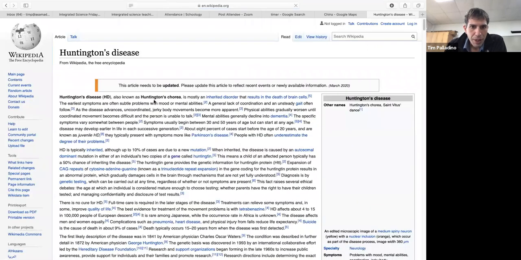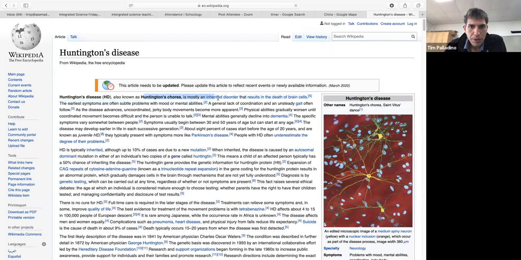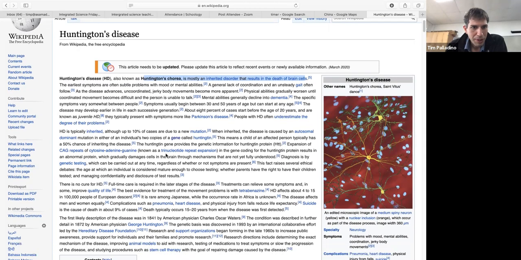So if you look, Huntington's disease is mostly an inherited disorder that results in death of brain cells. So let's see if they have a number of people that die from it each year. So symptoms usually begin between ages of 30 and 50.